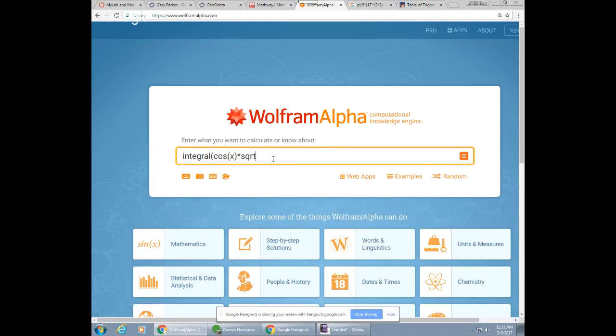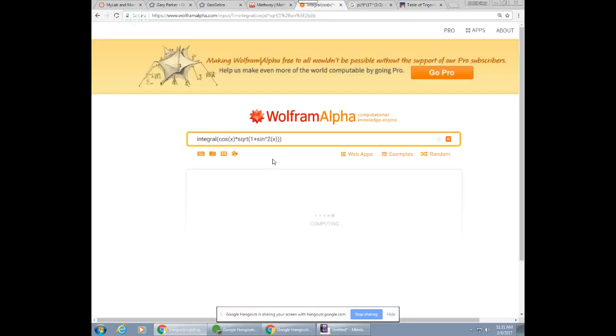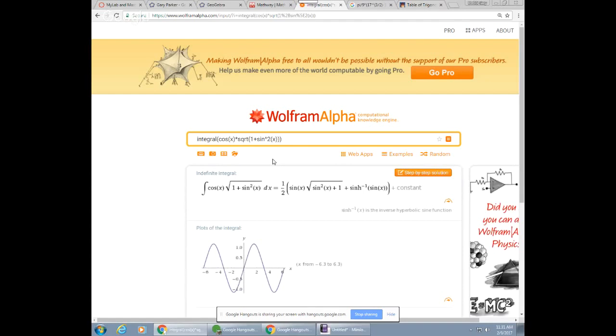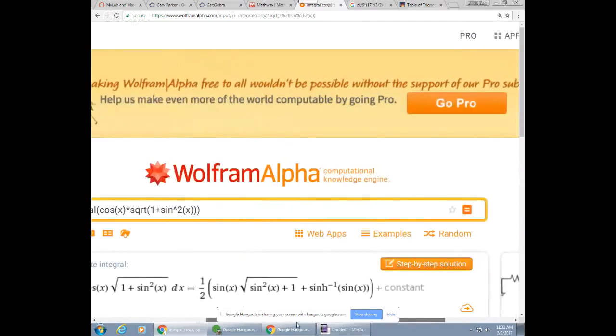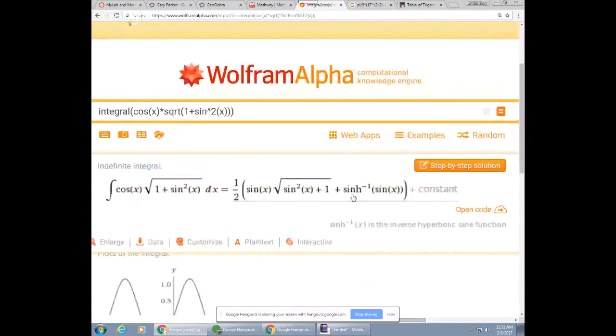Square root of 1 plus the sine squared of x, close the square root, close the integral, and hope it understands what I mean if I typed it right. Enter. And it's computing. Oh, and it has an antiderivative. Okay, so it looks like that's typed right, doesn't it? Let's blow this up. Oh, this is exciting. What is that?